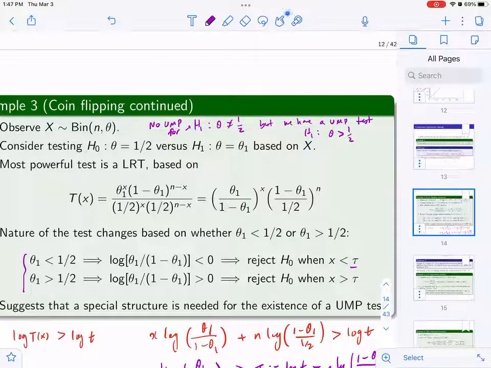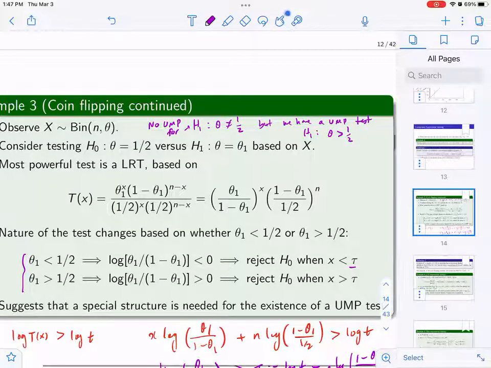So we have a UMP test for this alternative, and likewise if the alternative goes the other way. One of them is UMP for this, the other is for the other one. Again, it's UMP because I can set the test for a particular theta 1, but the test doesn't depend on theta 1 because the threshold is determined by the significance level. That's how you generally derive the UMP test.